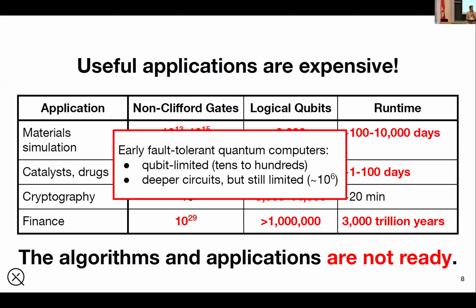And so what we can conclude from these two sets of numbers is that the algorithms and applications are really not ready for the coming generation of early fault tolerant hardware. We haven't really been able to figure out what we will do with those devices once they're available to us. And this is really an important challenge for our field of quantum computing because ultimately the commercial success of these devices is going to be very important for the continued operations of all of the different members of this industry.